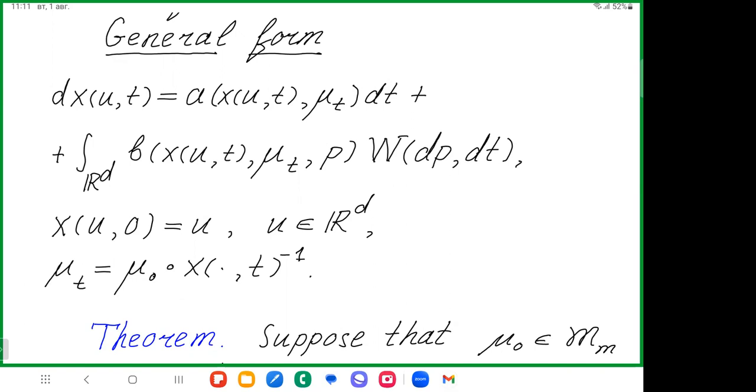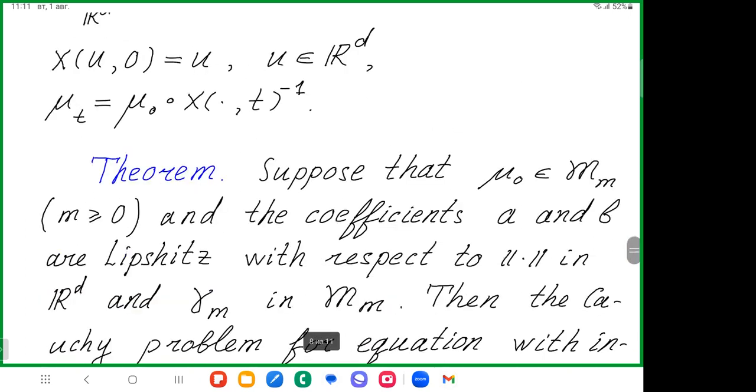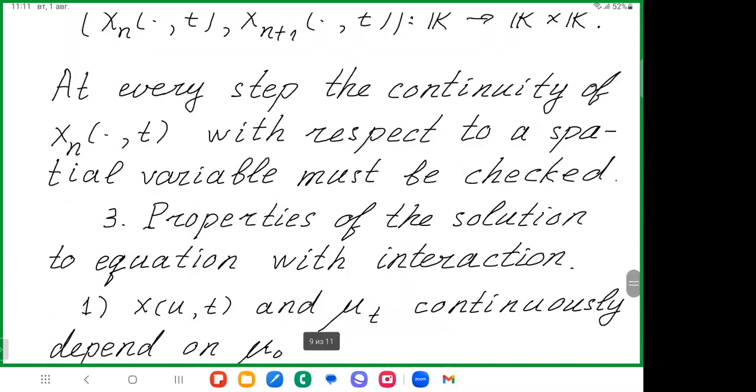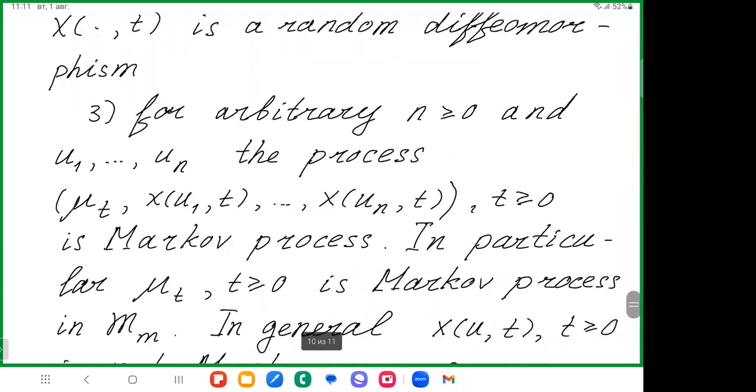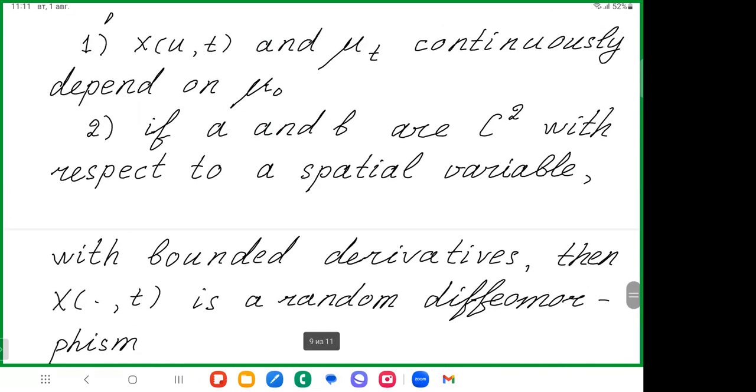And it is a well-known result from, for example, the book of Kunita, that such an equation with a random, spatially smooth coefficient has a diffeomorphic solution. So this is a way to check this.